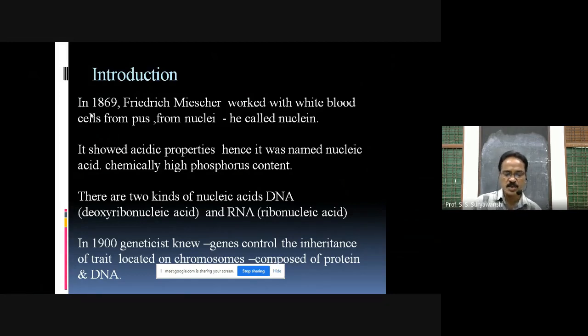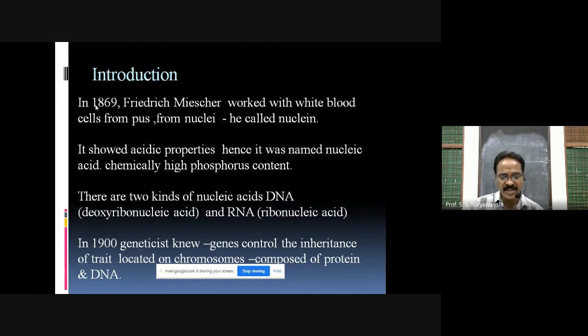That protein is histone protein, and these chromosomes are more conspicuous, or more distinct. We can see them under a compound microscope, and they can be seen during the cell division stages, that is prophase, metaphase, anaphase, and telophase.